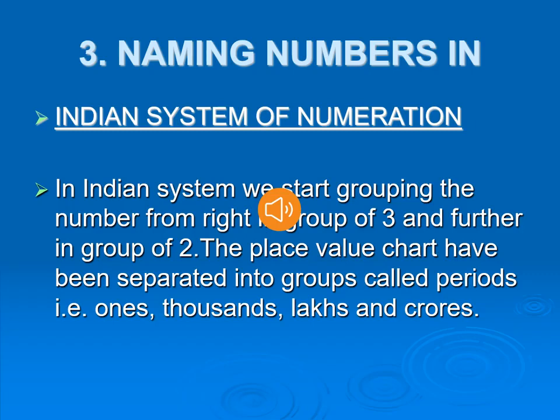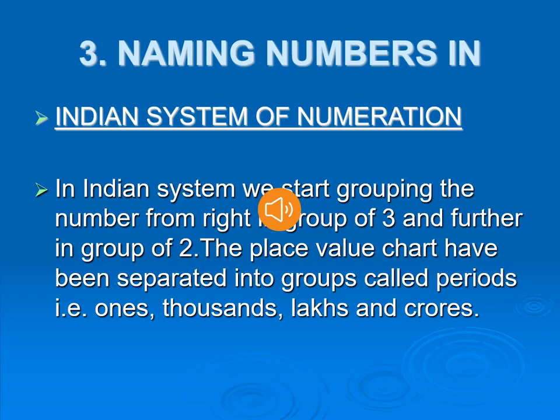Now we have reached the third topic of this presentation, that is naming numbers in the Indian system of numeration. In the Indian system, we start grouping the numbers from the right in a group of 3 and further in groups of 2. The place value chart is separated into groups called periods, and these periods are ones, thousands, lakhs and crores.